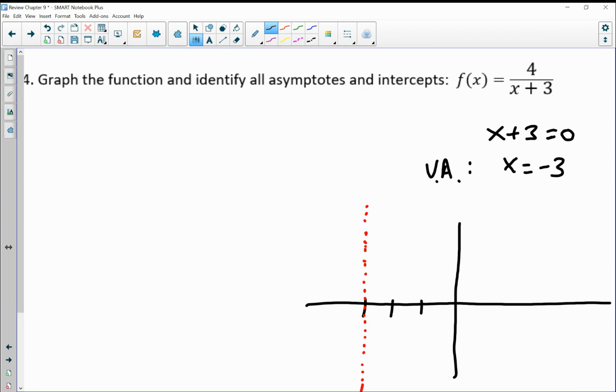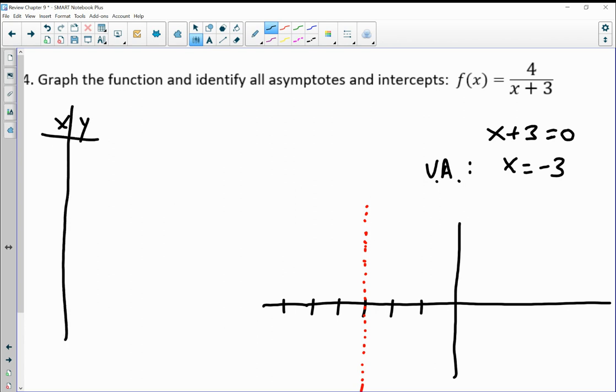Now we're going to focus on what's happening around that vertical asymptote. What's happening at negative 4, negative 5, maybe even negative 6? And what's happening at negative 2, negative 1, 0? So we set up our XY table.